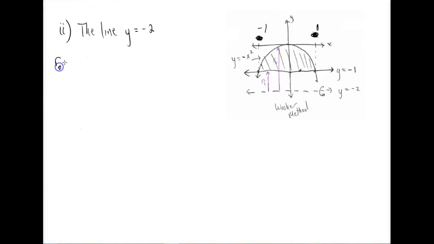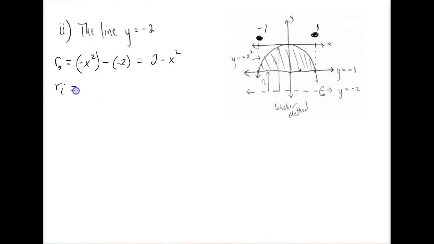Okay, so if we look at the outer radius, then of course the outer radius, again, we could define this as the difference in between the curve negative x squared and the curve here y equals negative 2. So if we did that, that would just be 2 minus x squared.